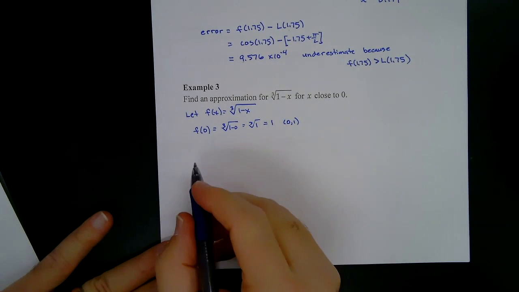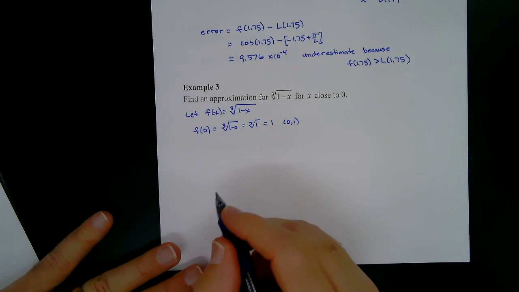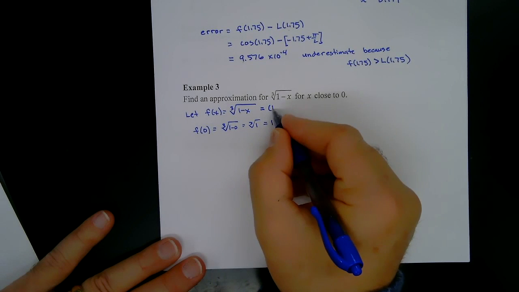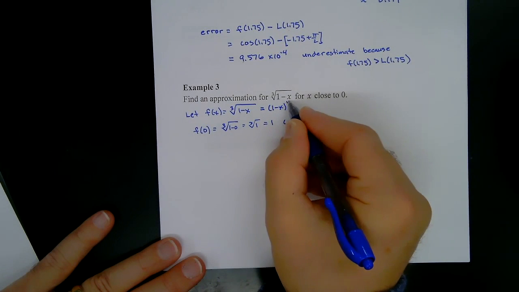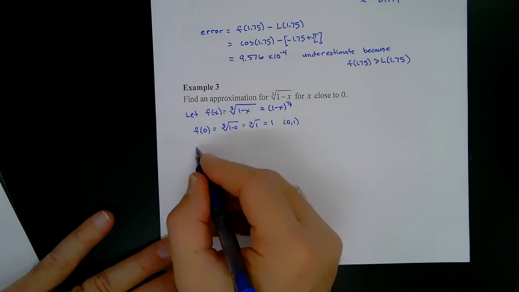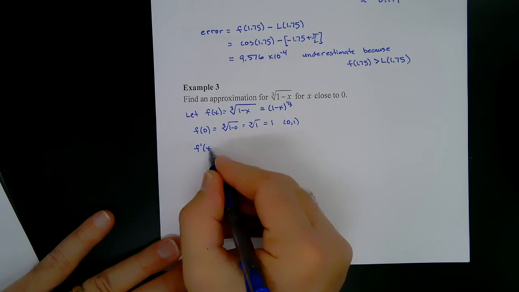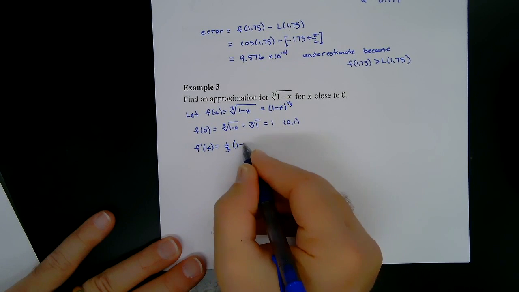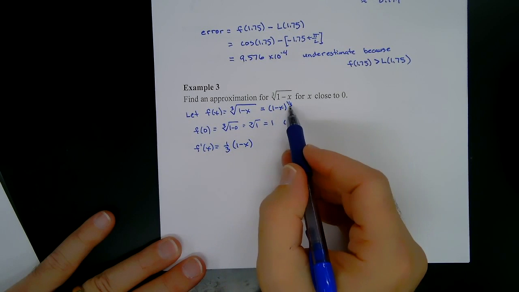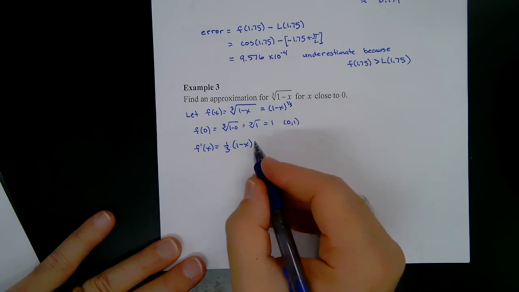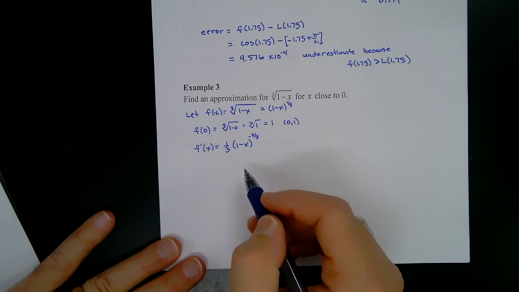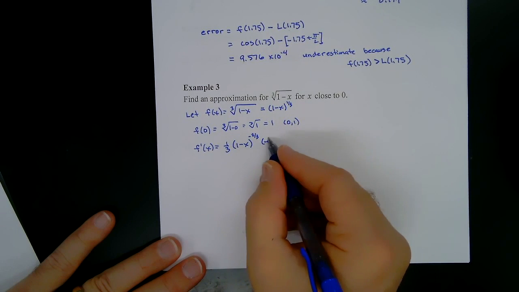Now I need to find the derivative. I'm going to rewrite my function as 1 minus x to the 1/3 power. So f prime of x is equal to 1/3 times 1 minus x to the, subtract 1 from the exponent, negative 2/3, times the derivative of the inside function, which is negative 1.